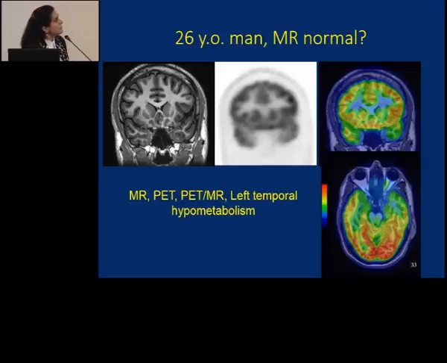Again, a man of the same age, this was reported as normal. We performed the PET, we fused the images, and we can detect the hypometabolism in the left temporal region. Then we go back, and maybe because we have such information, we can detect the blurring in this area.